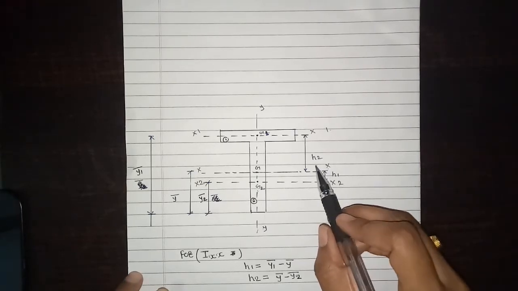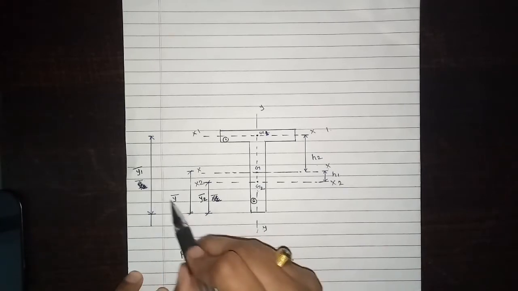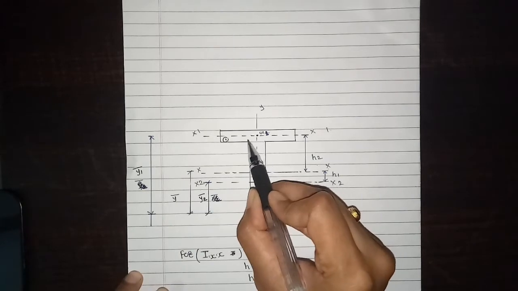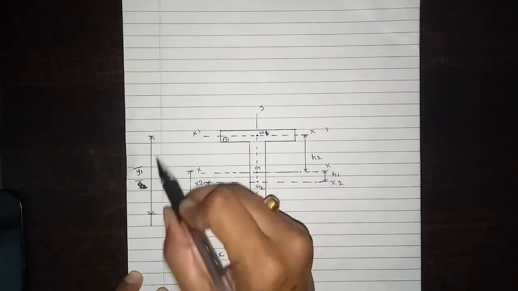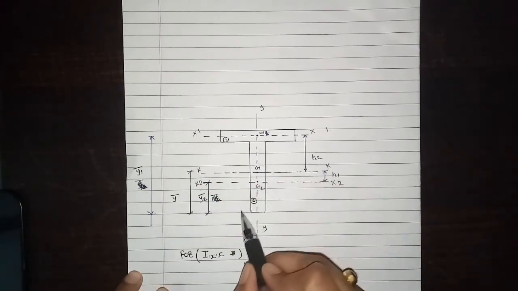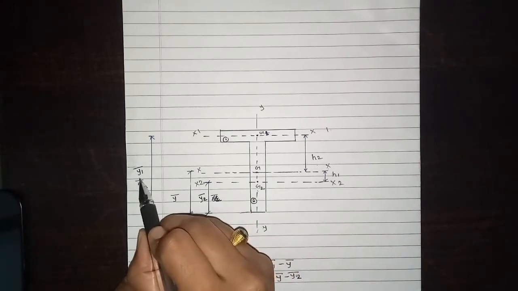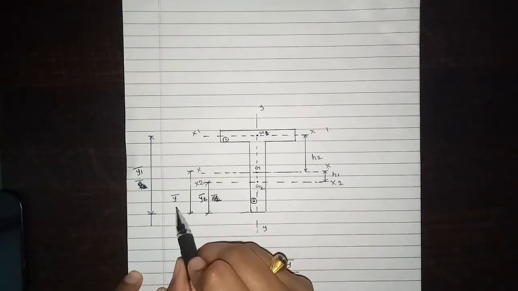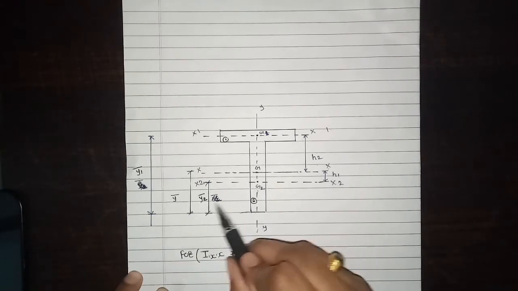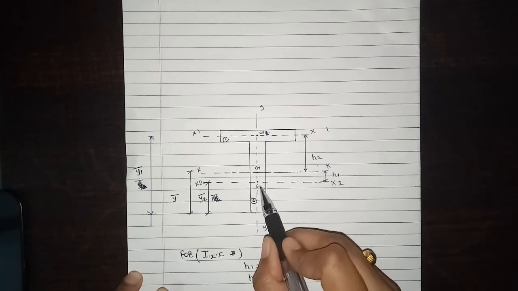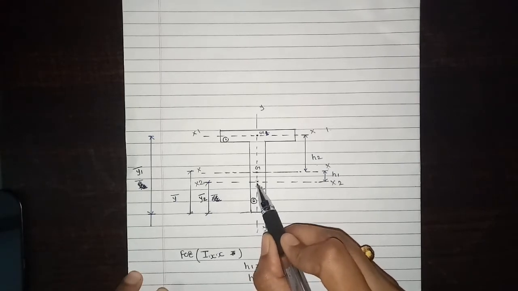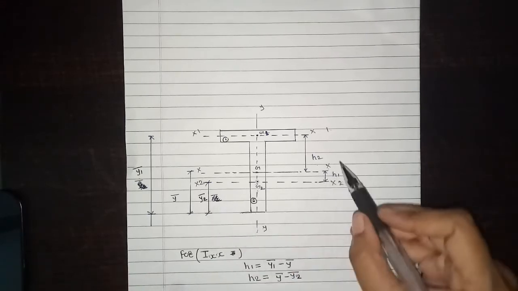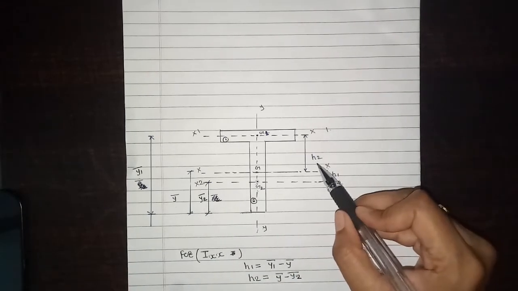First of all, we will see y1 bar, y bar and y2 bar. For the first section, y1 bar is the distance between G1 and this base. Y bar is for G, this base is the y bar, and y2 bar is the distance between center of gravity G2 and this base. So how to calculate H1 and H2?